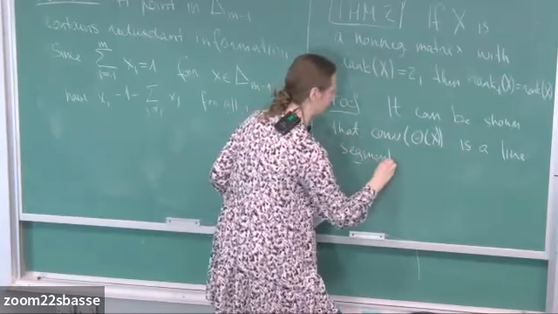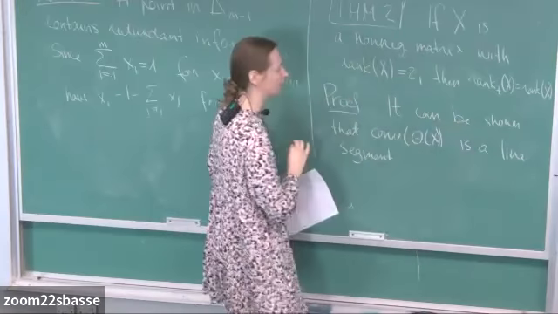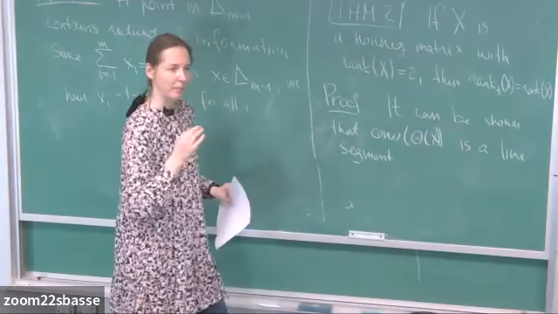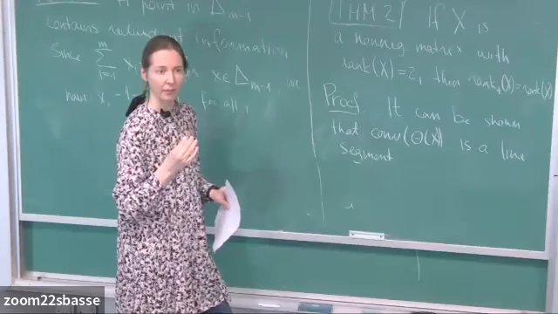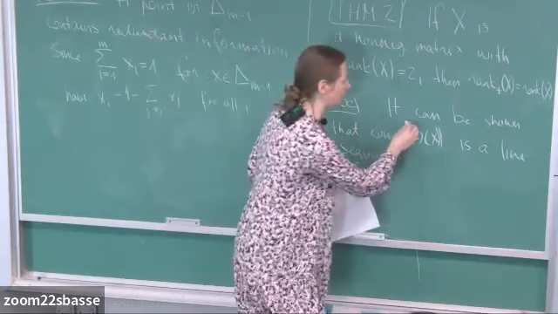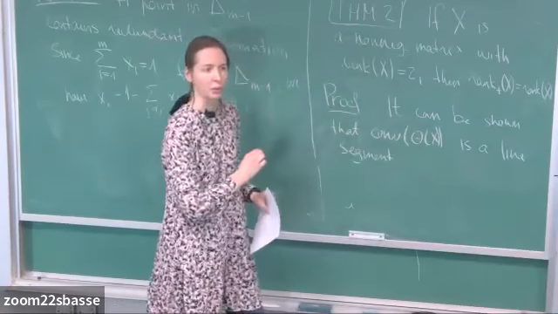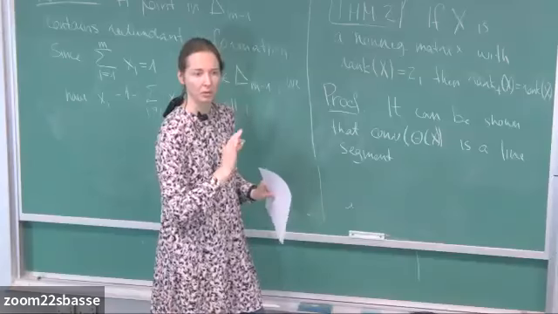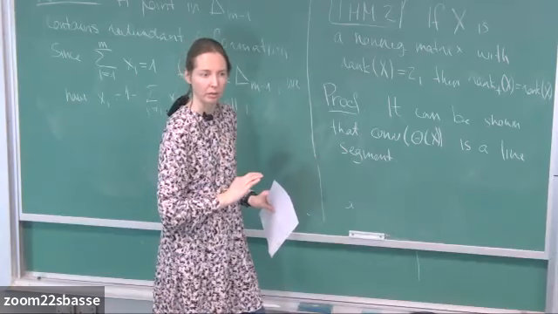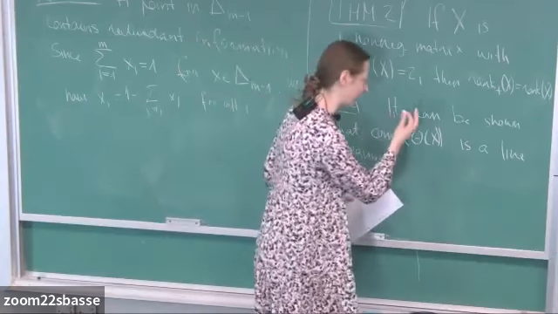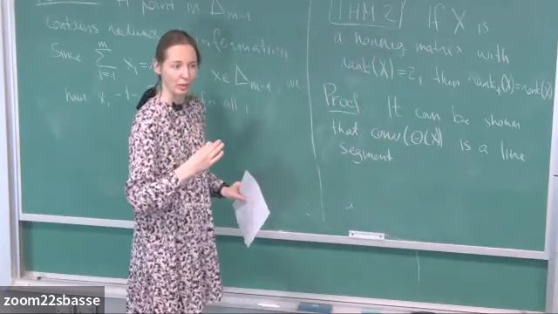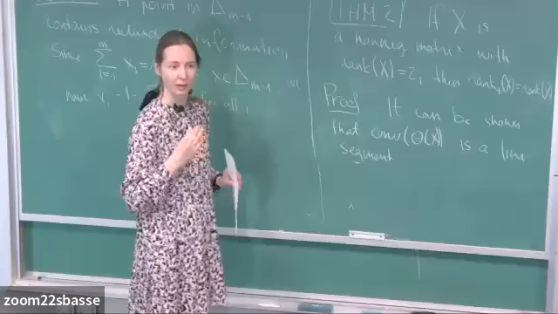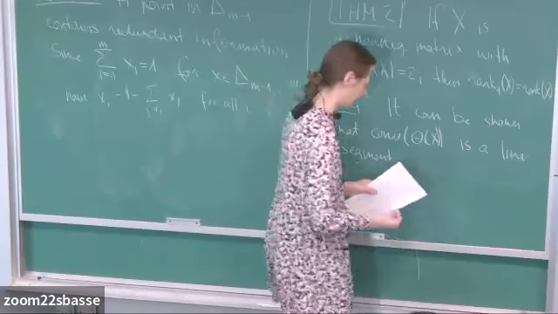Actually, there is a more general statement: if the rank of matrix X is K, then the convex hull of theta X is K minus 1 dimensional. So this is true in general. In our case the rank is 2, so 2 minus 1 is 1, and a 1-dimensional polytope is a line segment.